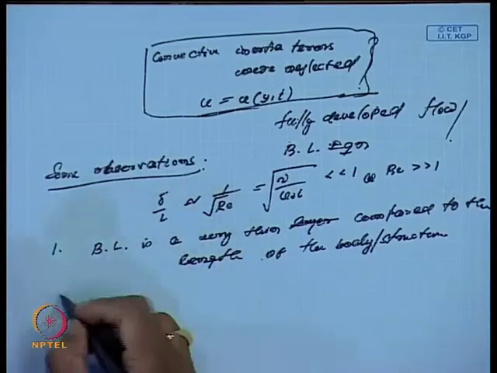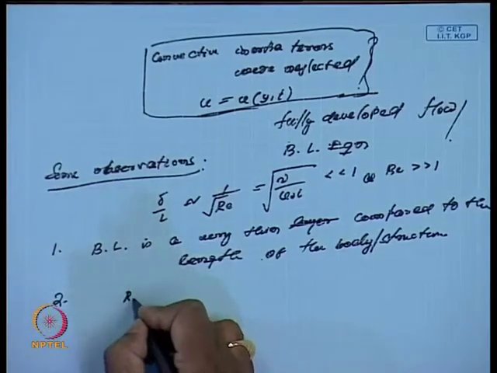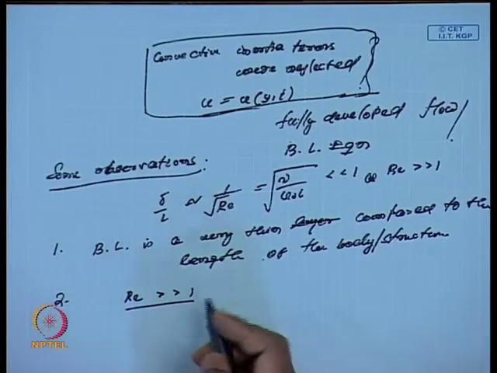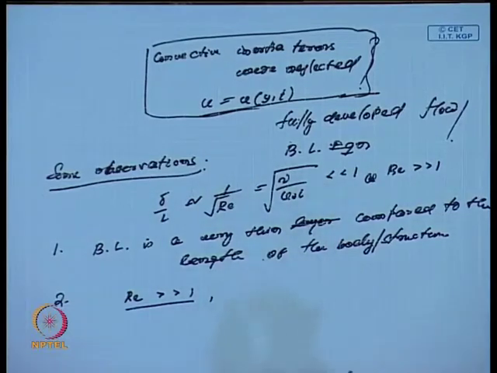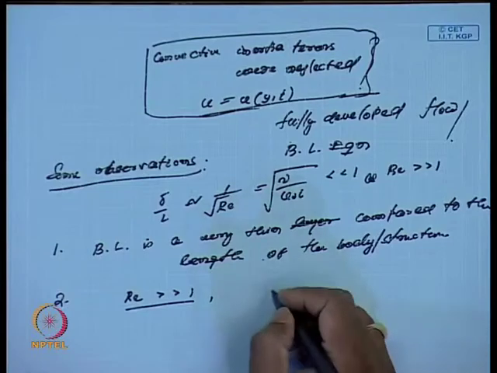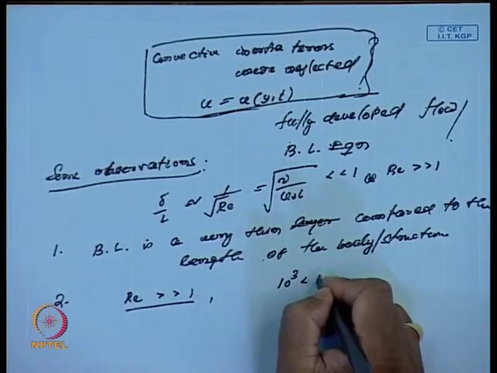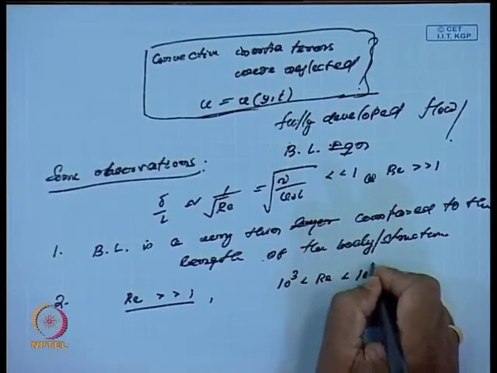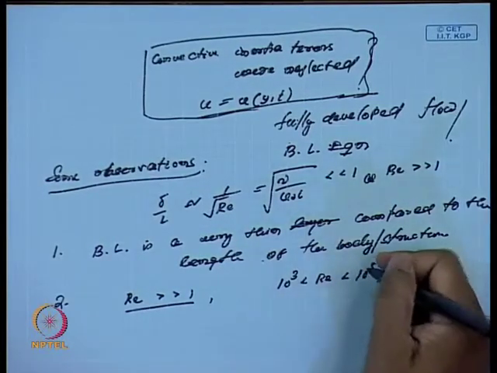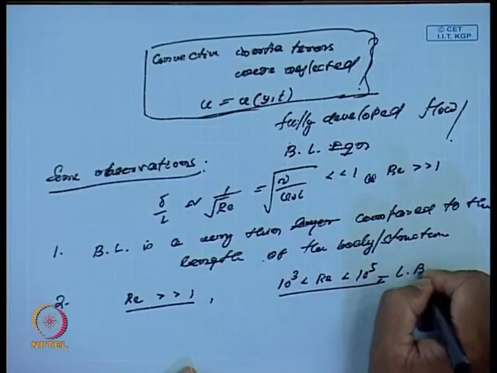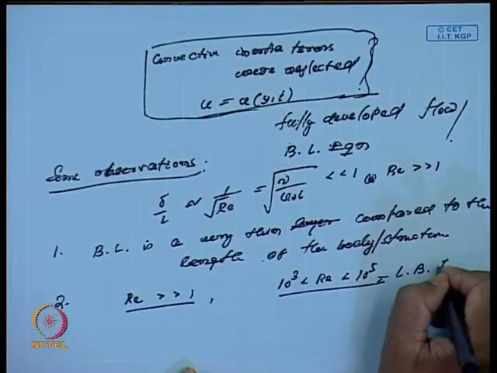And again here too we have the Reynolds number large, R e much larger than 1. For example, when you look at the laminar flow past a plate, then our Reynolds number varies between 10 to the 3 less than R e less than 10 to the 5, and this is for laminar boundary layer flow.